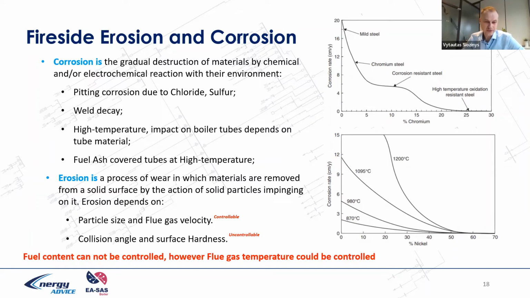Of course, erosion also depends on the collision angle and surface hardness, but we cannot control this or make any impact on it. Fuel content cannot be controlled, but flue gas temperature can be. Sometimes people claim that the fuel is bad and we cannot do anything about it, but finally flue gas we can control, and the ratio of flue gas recirculation we can also impact.